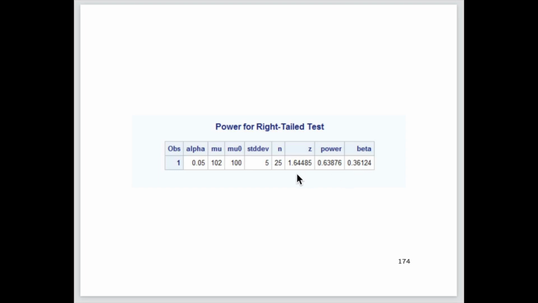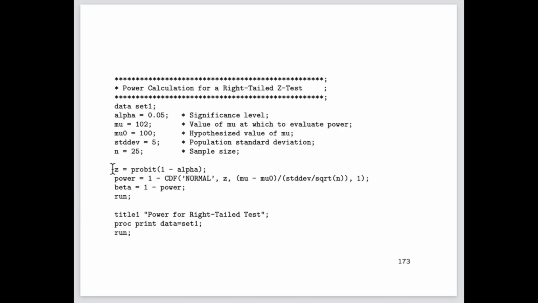Now the one thing that's different here is that for the z-value, the critical point, we used 1.645, but SAS is using 1.64485. The reason is because we're asking SAS to give us the more exact z-value from its built-in functionality.